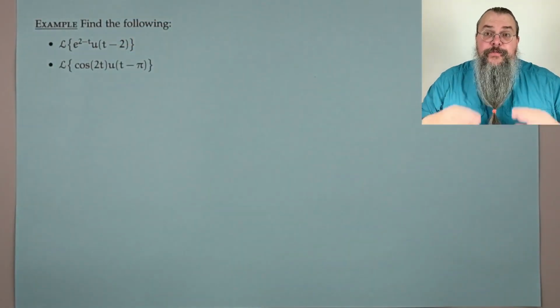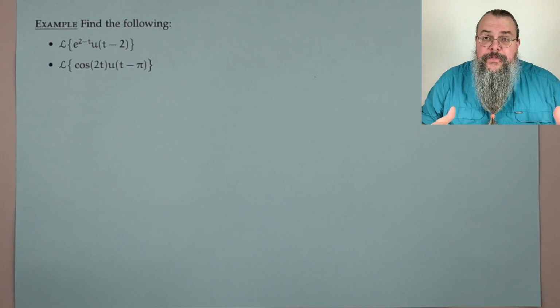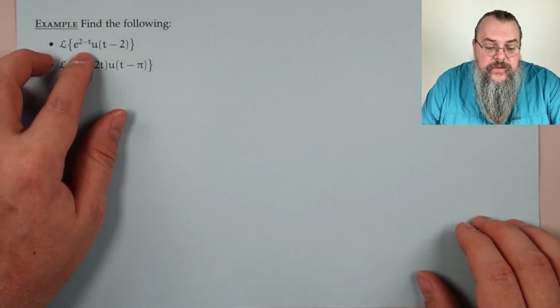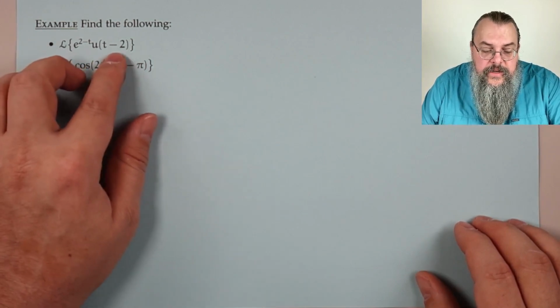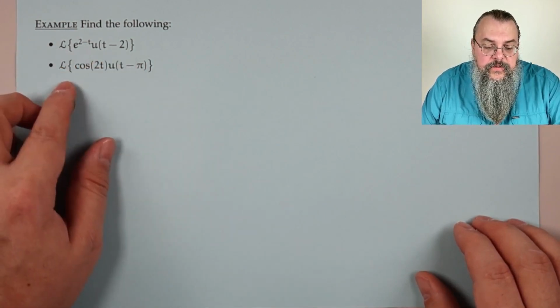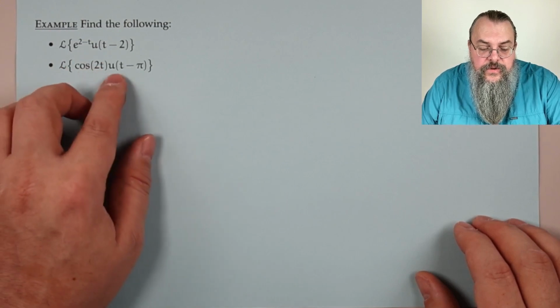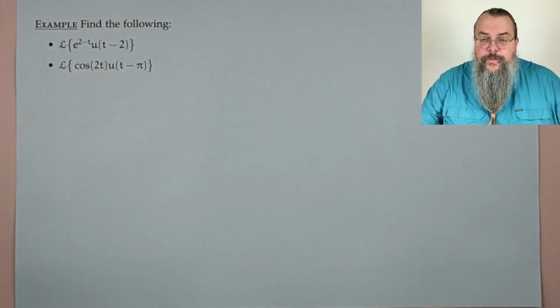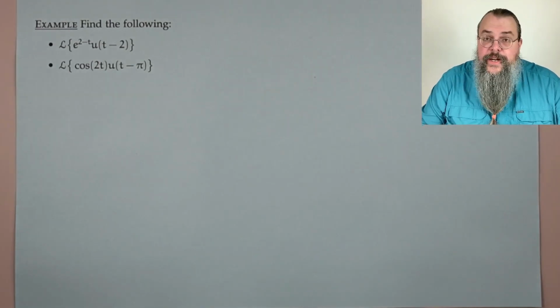So let's start slowly. We have a couple of examples. We want to find the Laplace transform of e to the 2 minus t, u of t minus 2, and the Laplace transform of cosine of 2t, u of t minus pi. Okay, now we remember our rule, so we can write it down.